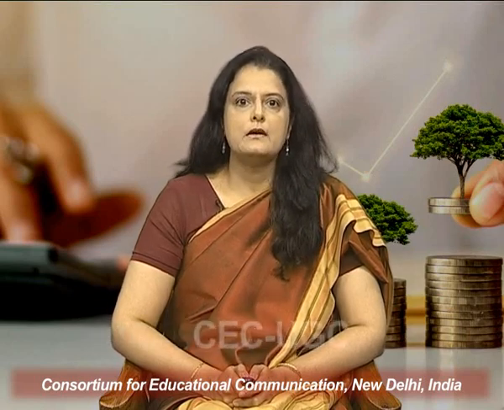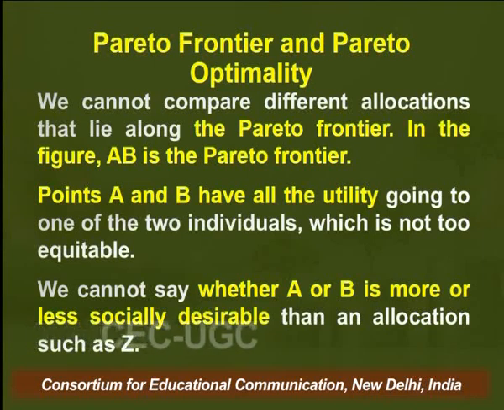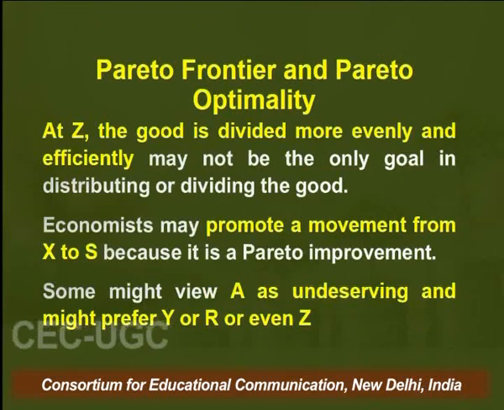Points A and B have all the utility going to only one individual, which is not very equitable. As we discussed recently, points A and B are not very equitable, because here all the resources are going to only one individual and zero to the other. We cannot say whether A or B is more socially desirable than the allocation Z, though we have seen that Z is equitable in the middle and it is distributing the utility equitably.